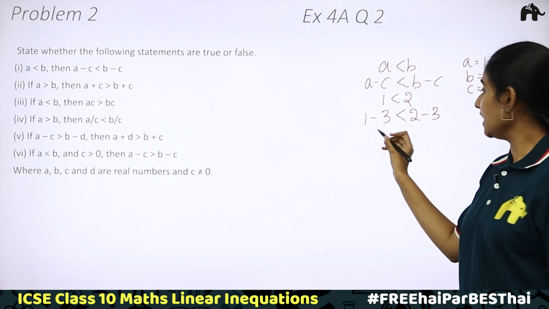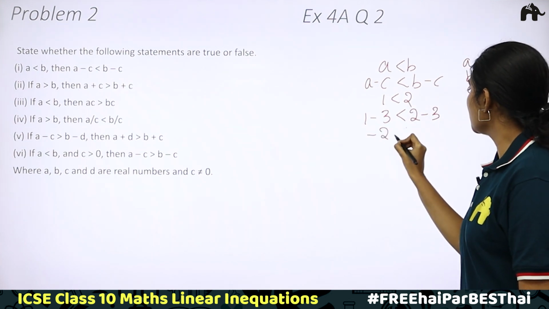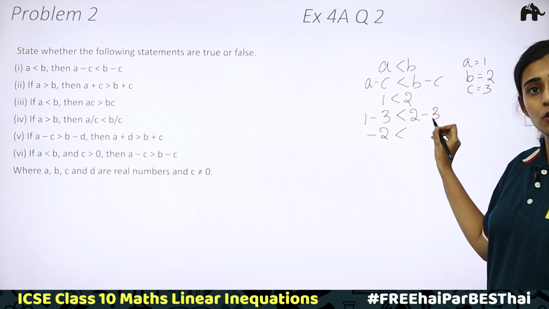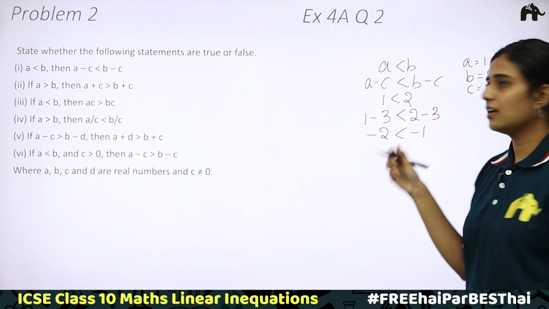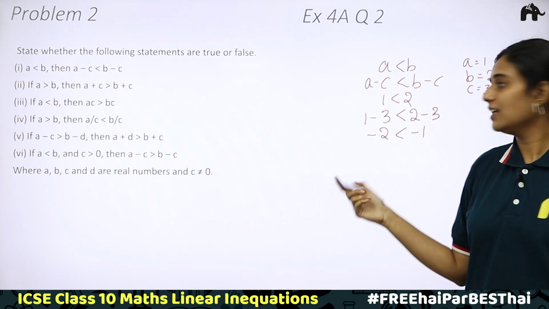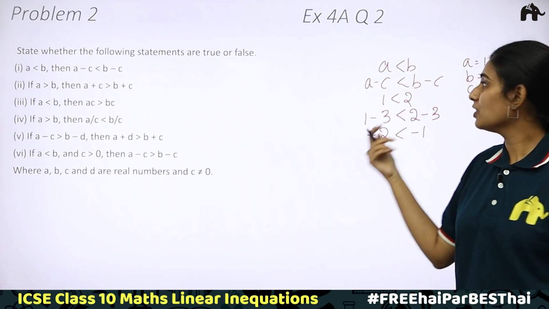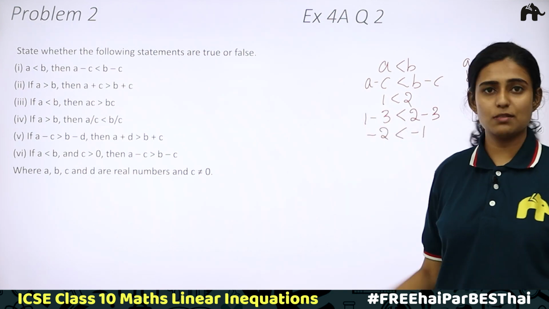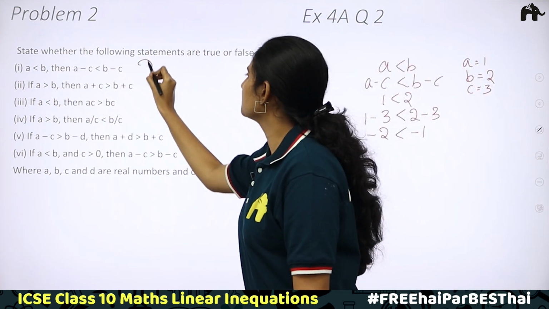What is 1 minus 3? Minus 2. Minus 2 less than 2 minus 3. 2 minus 3 is minus 1. Minus 2 is less than minus 1. Yes, so we can say that the given statement is true.